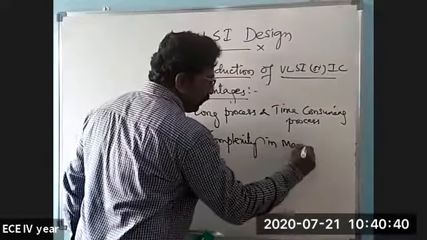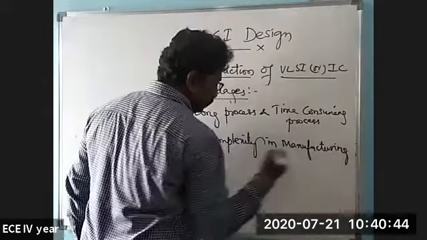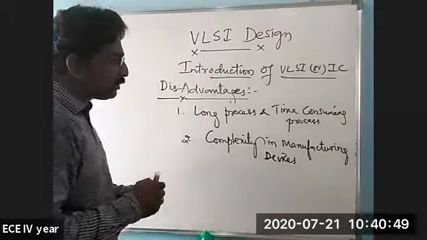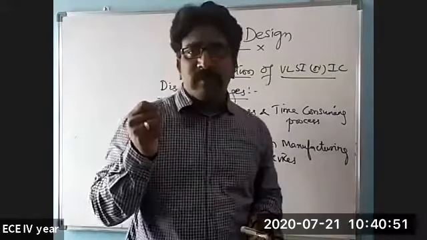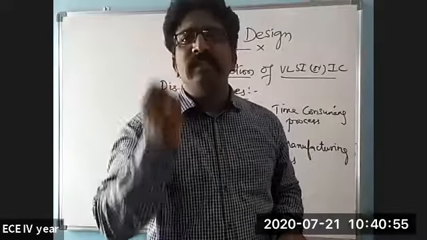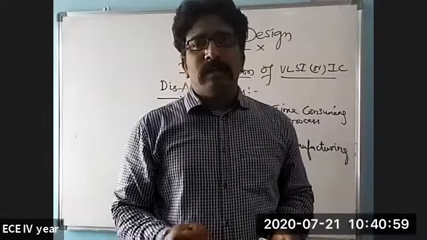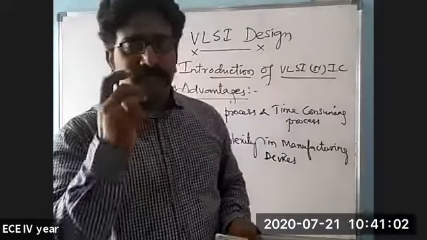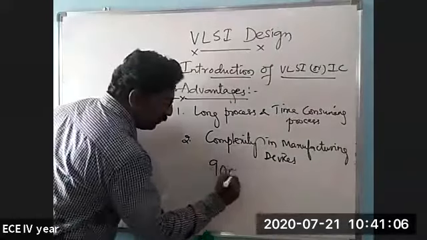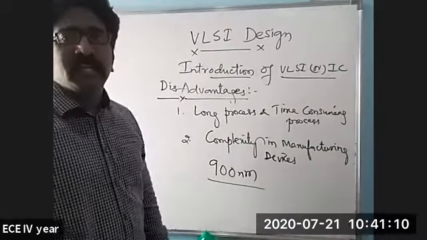Why am I talking about complexity here? Just try to imagine devices. I want to give you one example regarding this complexity. If you hold a hair, we can imagine how small its thickness is. The thickness of hair, as per medical science, is nearly 900 nanometer.